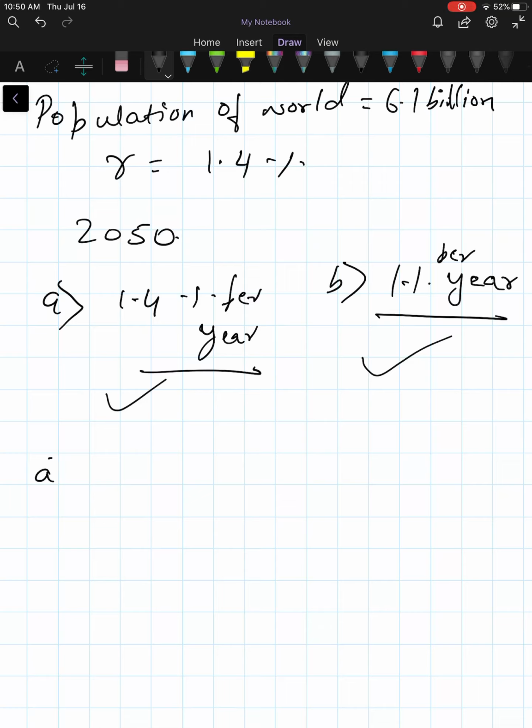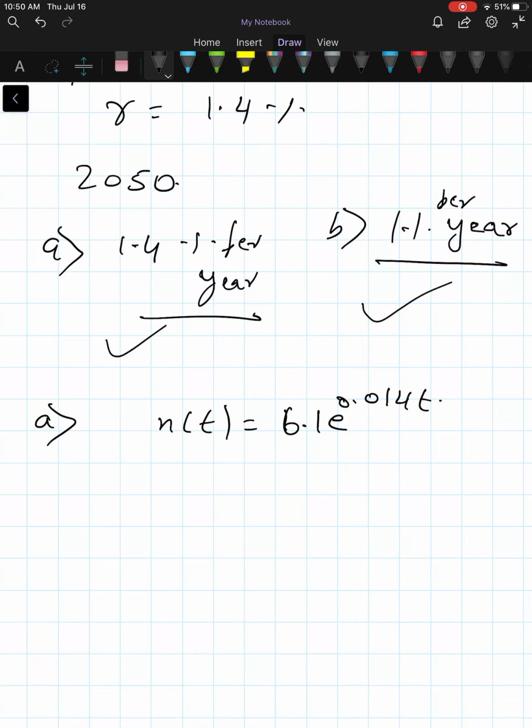So first one, by the exponential growth model, we have n of t equal to 6.1 e to the power of 0.014 t, correct? Where n of t is measured in billions. You do not write the billion because it looks too huge, so you can write it in billions. And t is measured in years since 2000.